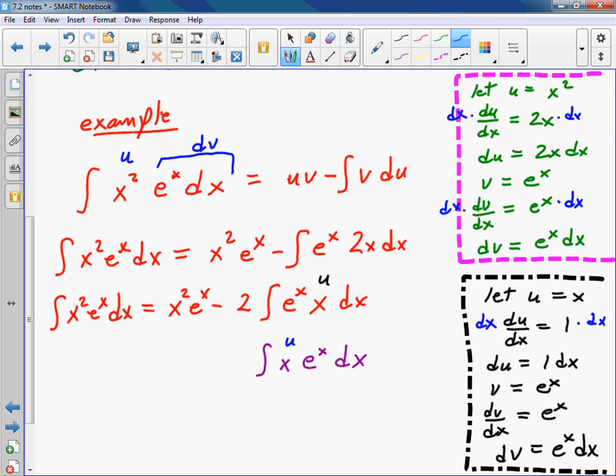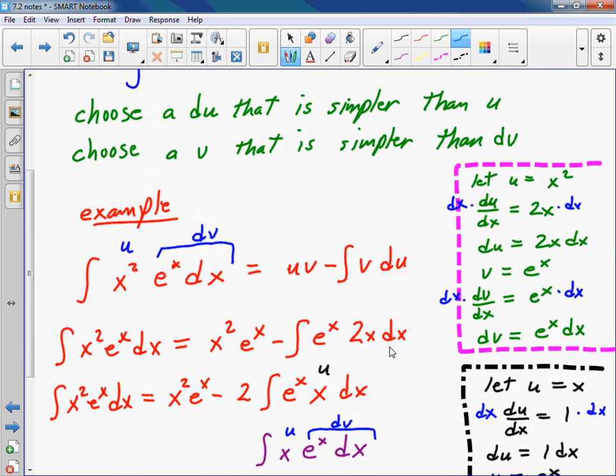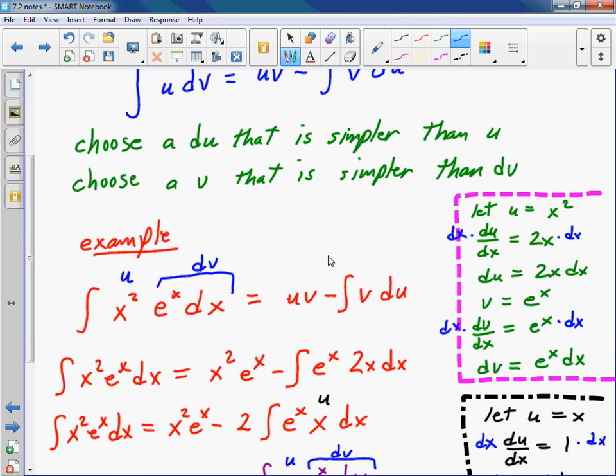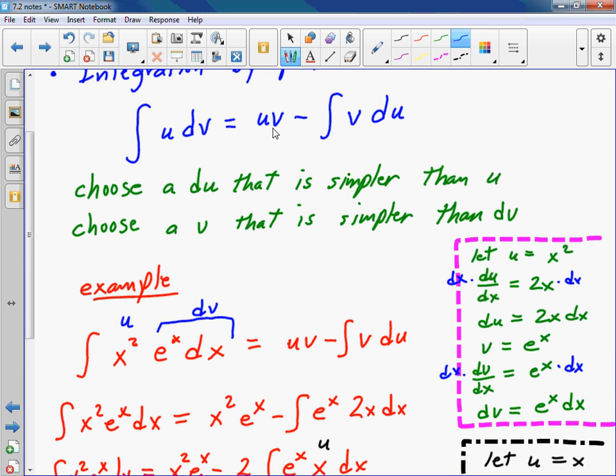But in this case, my dv, all of this, was e to the x dx. So I have dv. That's good. So remember, I need u dv equals uv. Maybe I should just remind myself of that. uv minus the antiderivative of v du.